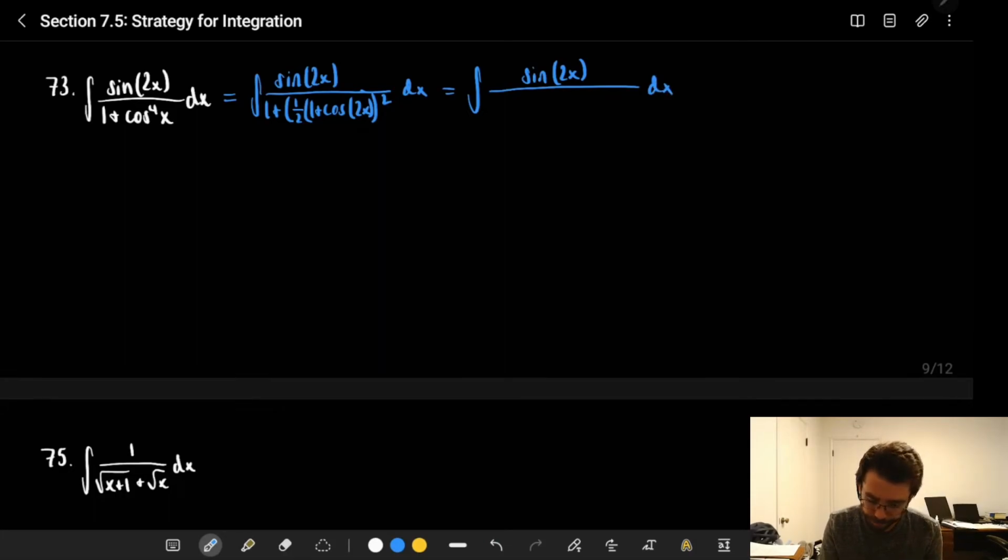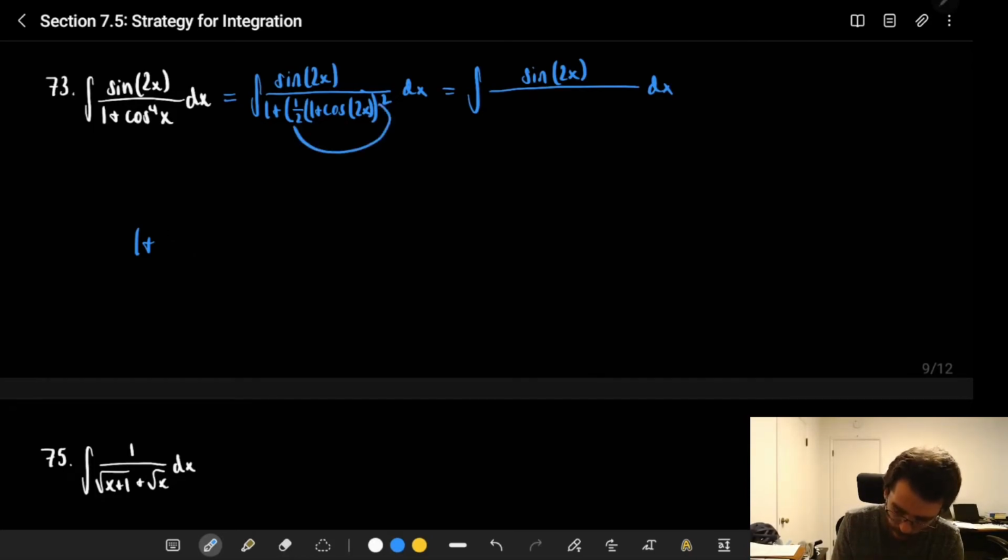That will be 1 plus 2 cosine, and then there's a half. Let's just work this out. Annoying.